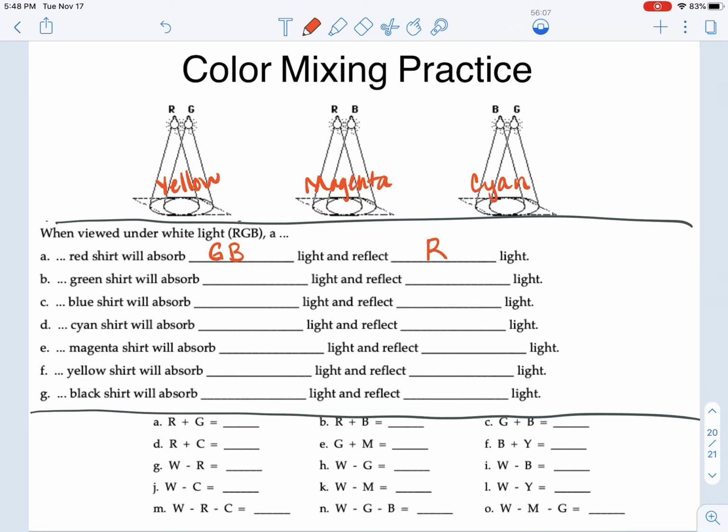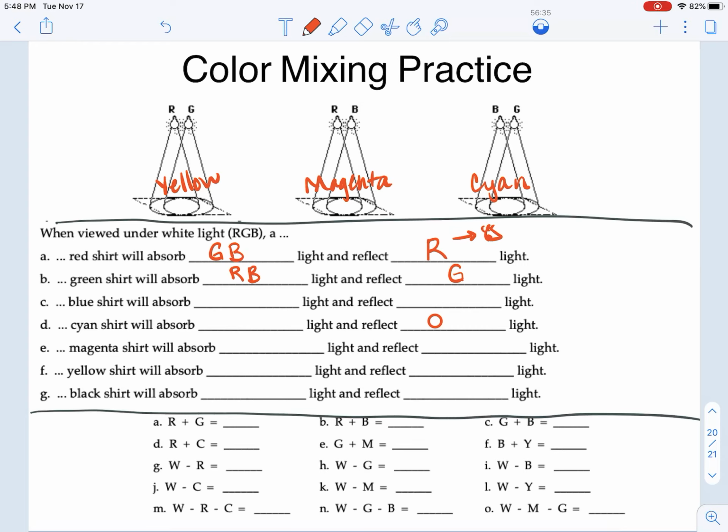A red shirt, if we see the color red, that is because green and blue were absorbed by the fabric, which left red to be reflected to our eyes. Remember, we see the light that hits our eye. So if we see the shirt as the color red, that's because red light hits our eye. A green shirt is going to reflect green, which means it must absorb the red and the blue.